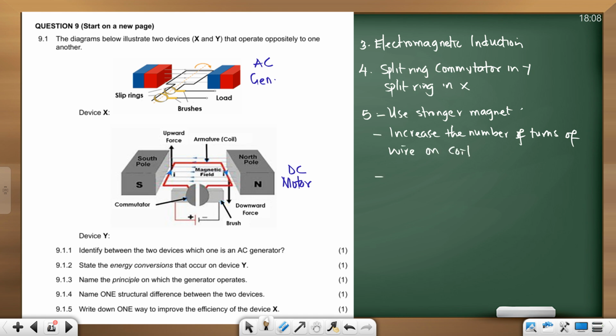Number 3, increase the speed of rotation. I'm just giving you everything.